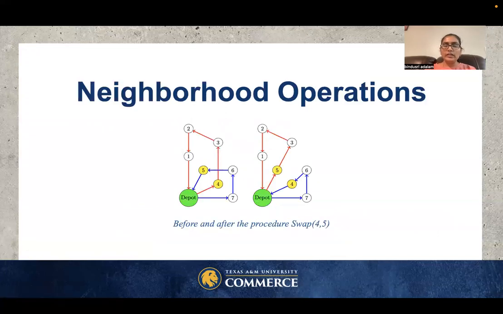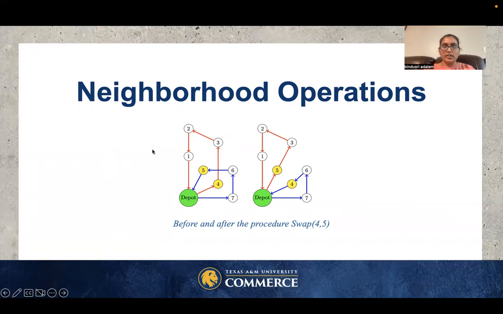Now let's see the neighborhood operations which we'll be using in this project. The first one is the swap procedure. Swap procedure takes 2 different nodes and swaps them. This operation is the easiest, and it is used in many problems which are solved using local search.